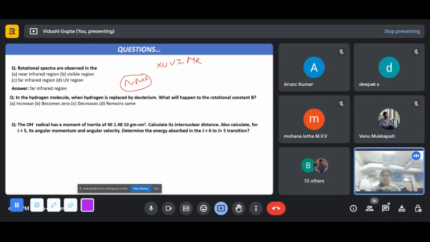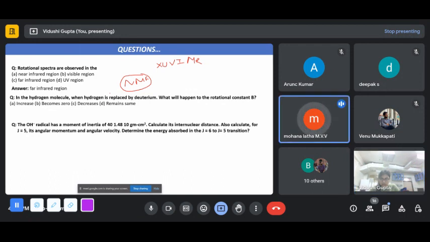In the hydrogen molecule, when hydrogen is replaced by deuterium, what will happen to the rotational constant B? Will it increase, become zero, decrease, or remain the same? Decrease. Why?